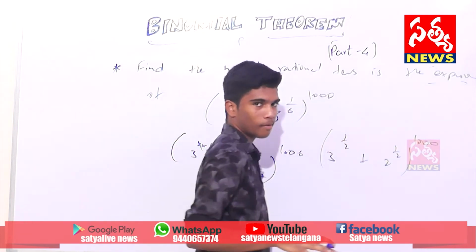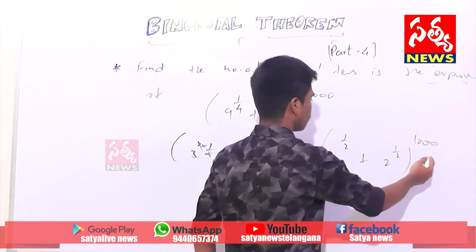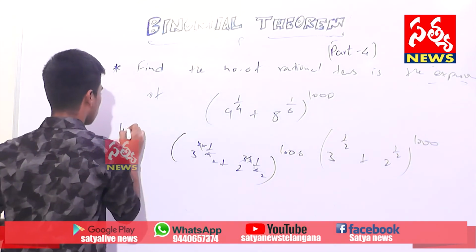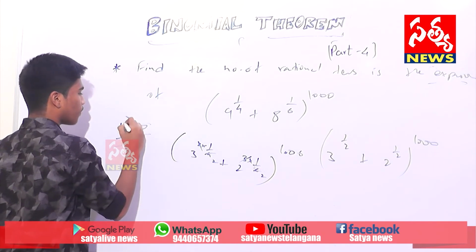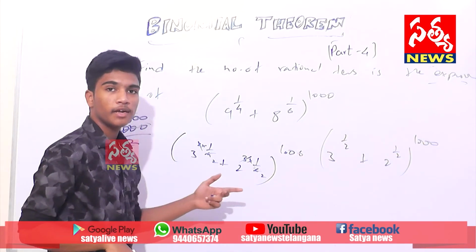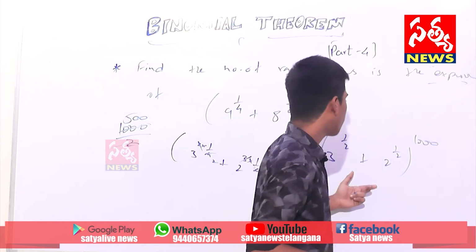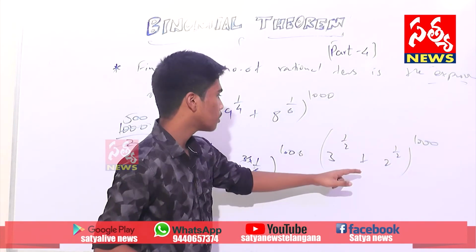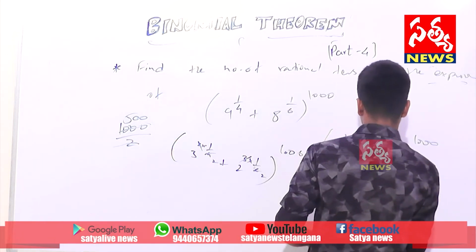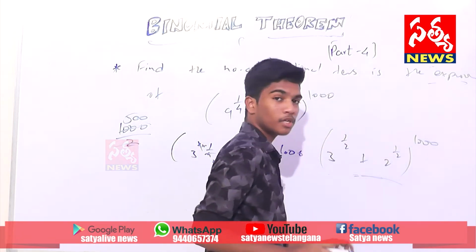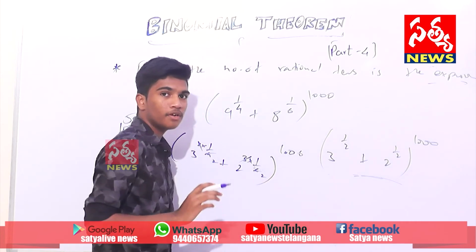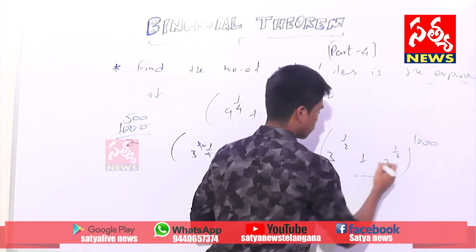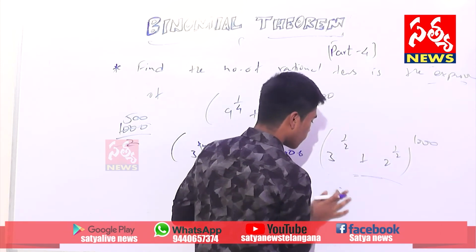So 3 and 2 are prime numbers, right? Now 1000 by 2 is 500, so 500 rational terms are there in this. There will be an option 500. In a hurry we will take that, but it is wrong, because 0 can also be the answer.